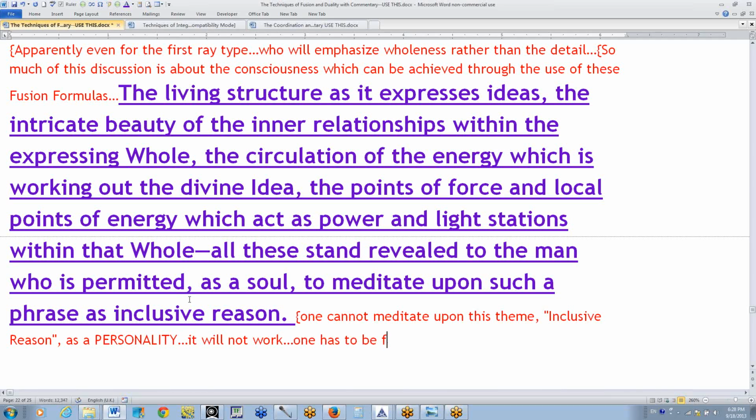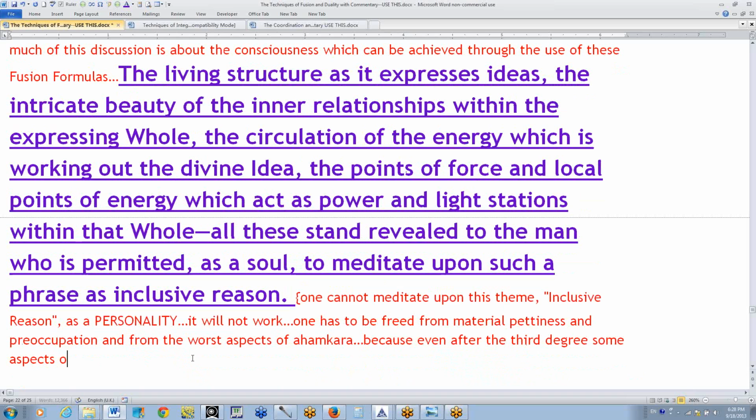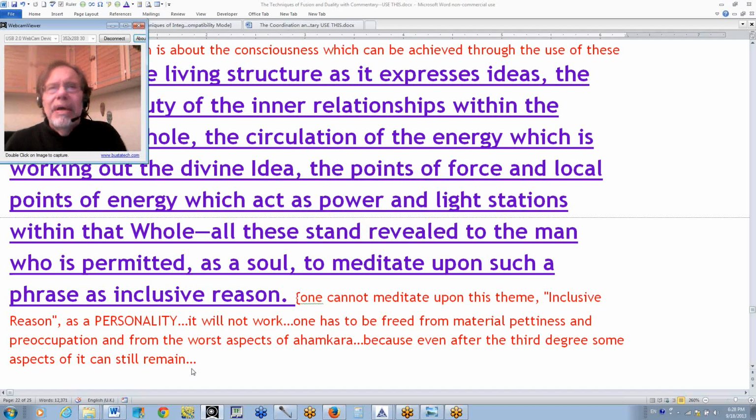One has to be freed from material pettiness and preoccupation, and from the worst aspects, anyway, of ahamkara, because even after the third degree, some aspects of it can still remain. Otherwise, as I've often said, the rich young man would not have gone sadly away when invited on the path to take the fourth initiation by the Christ.